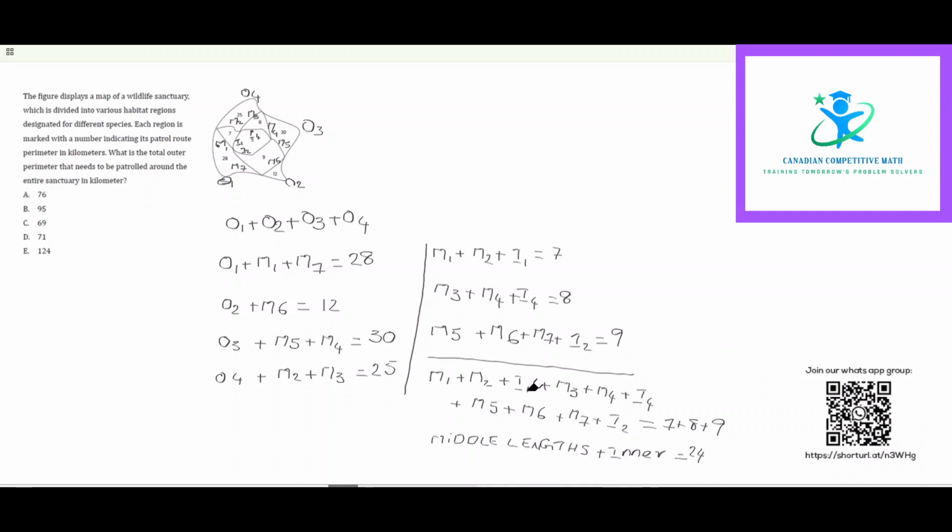If you take I1 plus I4 plus I2, that is the perimeter of the middle one. So the perimeter of the middle one is 5.